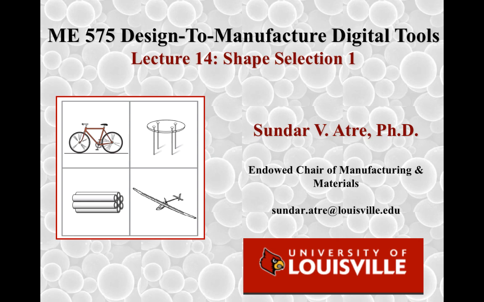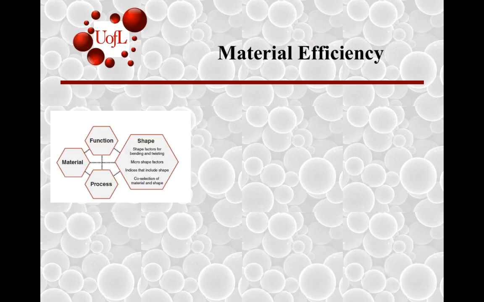Welcome to Module 3, where we are looking at the effect of shape on material selection, process selection, and functional changes that occur in a design. We had at the outset reinforced the concept that material function, process, and shape are interrelated.